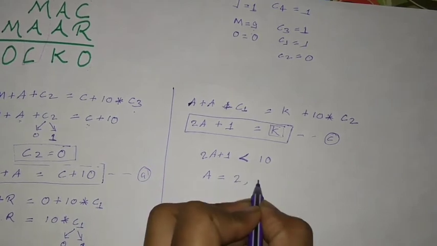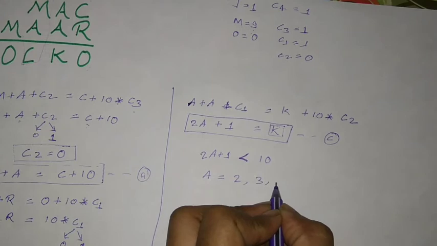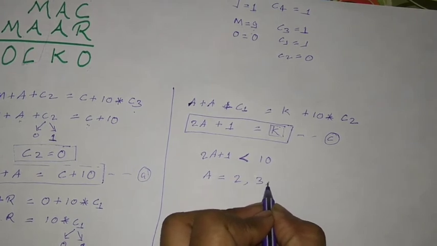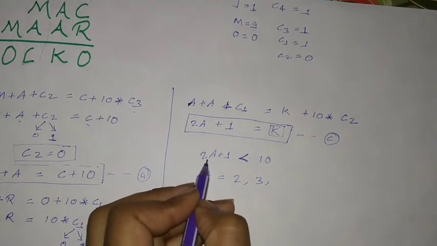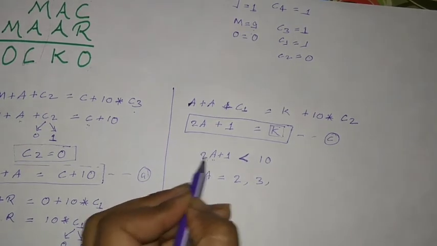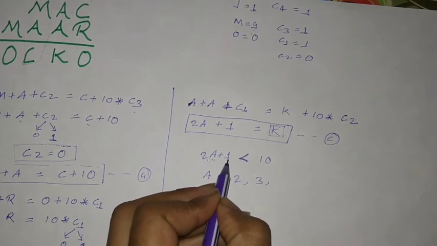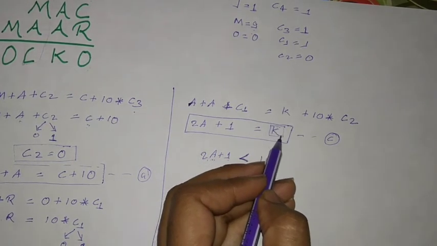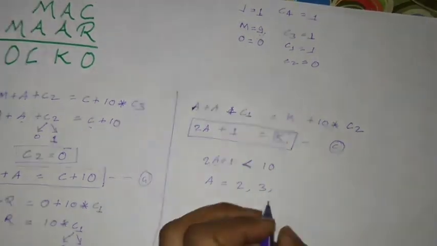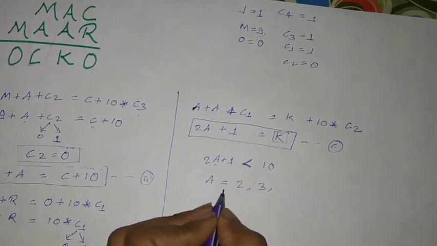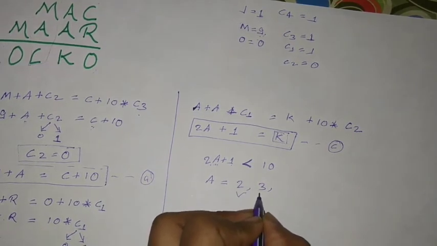But 2 is possible, 3 is also possible. 4 is not possible, because if the value is 4, then 4 into 2 is 8 plus 1 equal to 9, so you get K equal to 9, but 9 is already occupied by M. So there are only two possible values of A, that is 2 and 3.